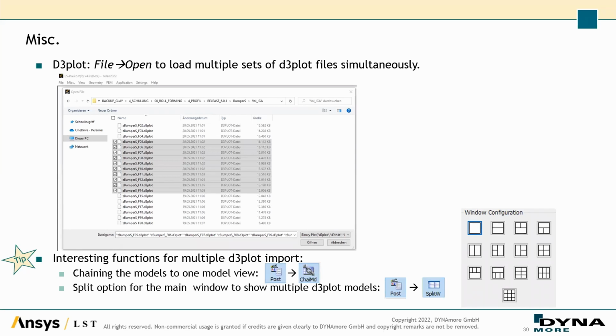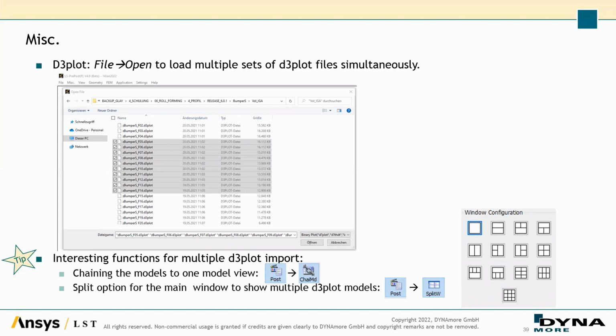Changing the models to one model view is possible with post change model. So you can animate one D3plot after another. And then you also have a split option for the main window to show multiple D3plot models with post split window. And here are the possible configurations.